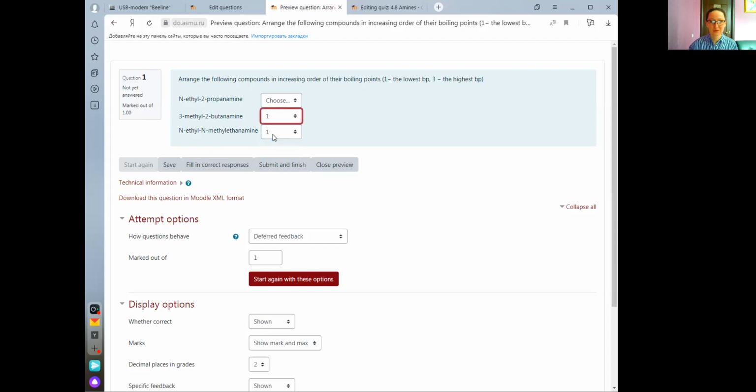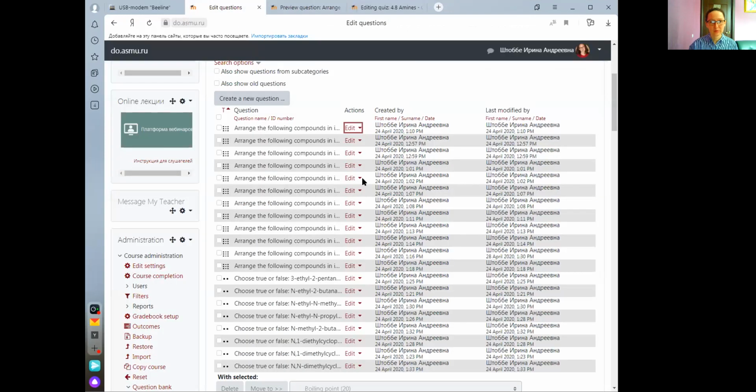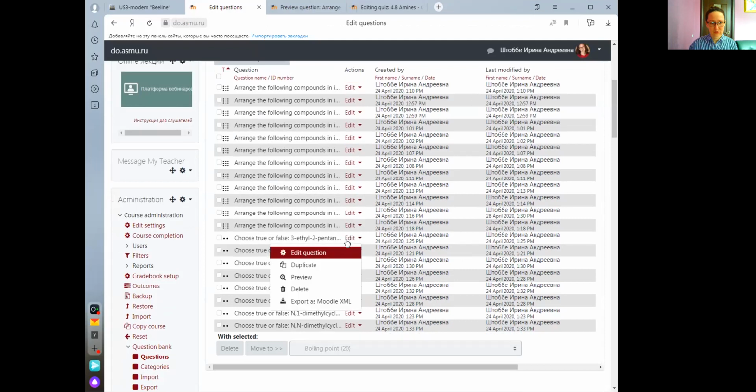The highest boiling point is number 3. And secondary, it will be in the middle. So your main task here is to draw structures of these amines and to understand which one amine is secondary, which one primary, and which one tertiary.